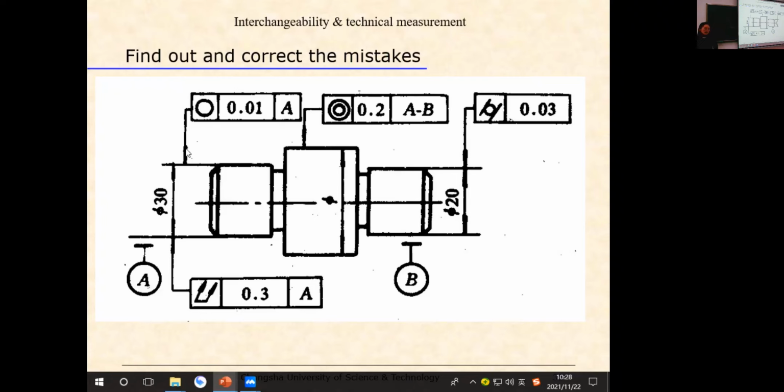And also this arrow is needed to point to this surface. It's a surface, so the arrow is here, right? The arrow here is a straight line, right? It is okay, but usually we just point to this surface. Here is better, I think, but the extension line is okay sometimes.